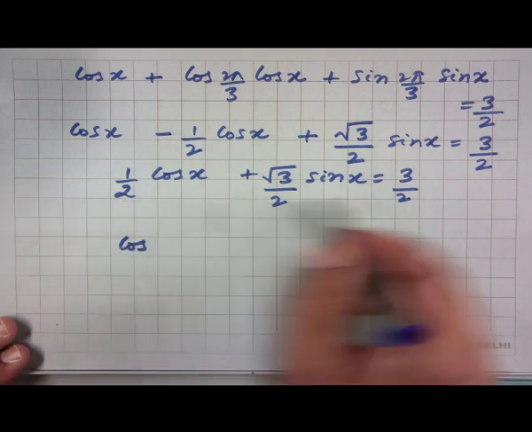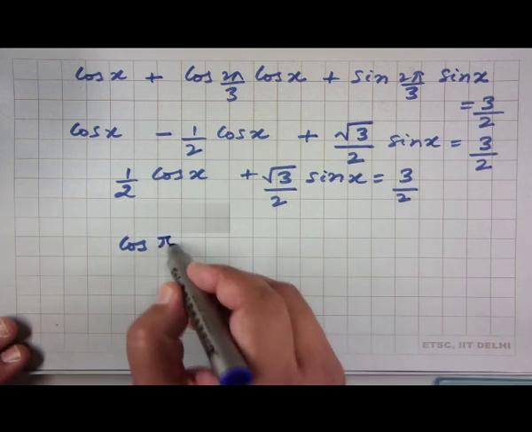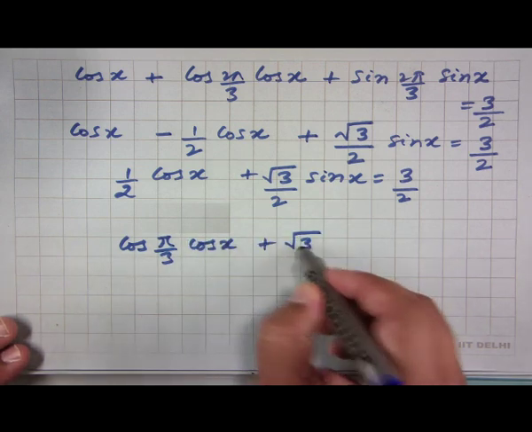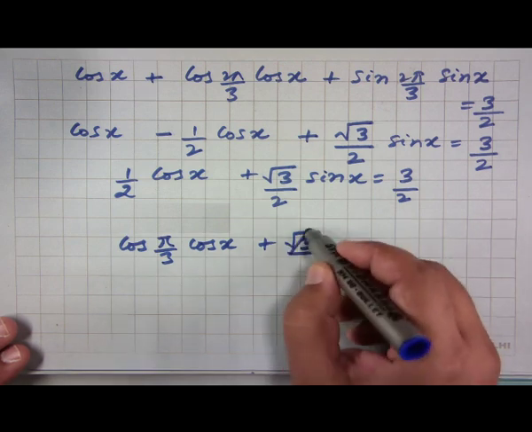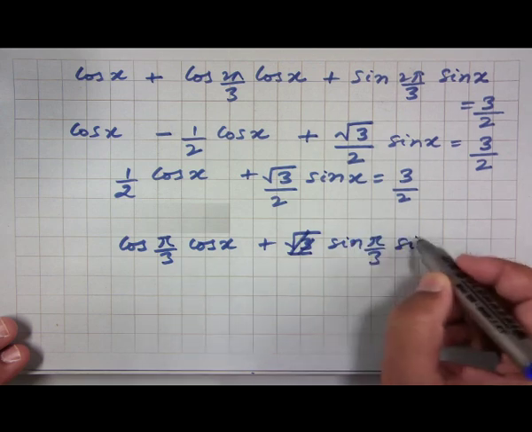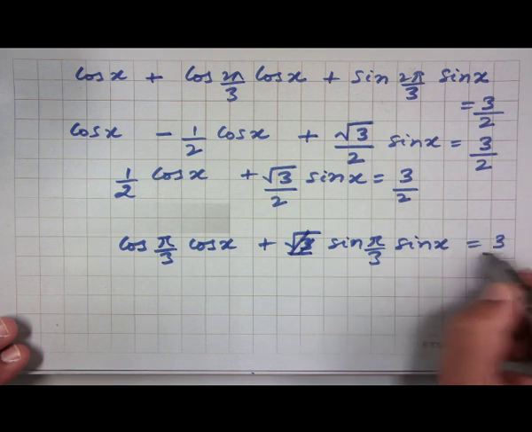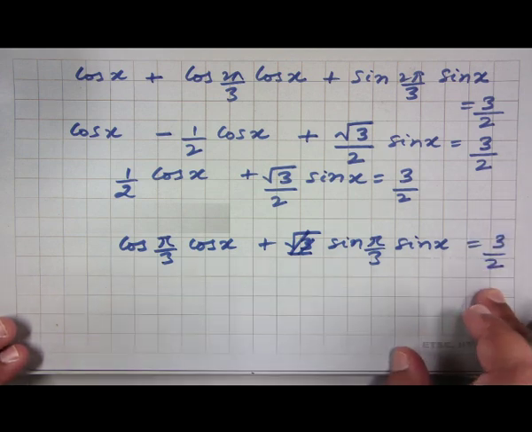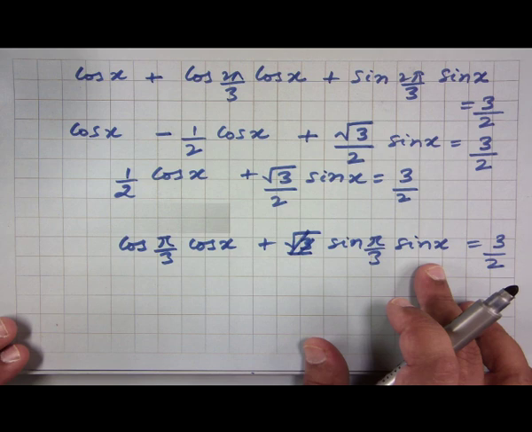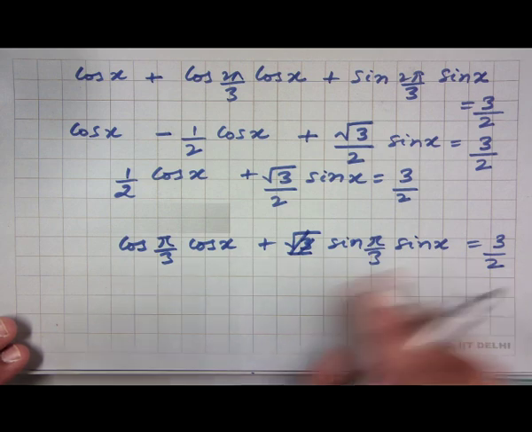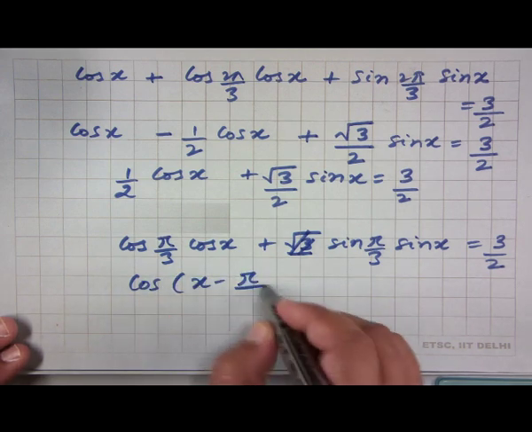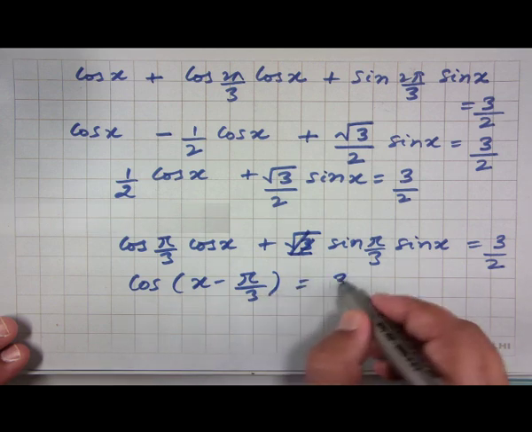So, we write the left hand side as cos of pi by 3 into cos x plus sin pi by 3 into sin x equal to 3 over 2, so this is our trigonometric equation so far. But this is of the form cos a cos b plus sin a sin b, which is cos of a minus b. So, we finally have cos of x minus pi by 3 equals 3 over 2.